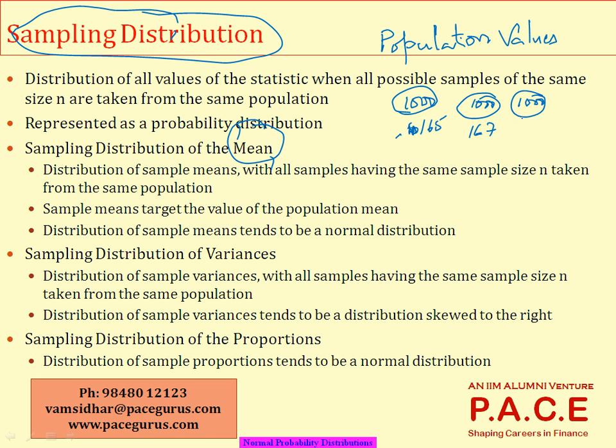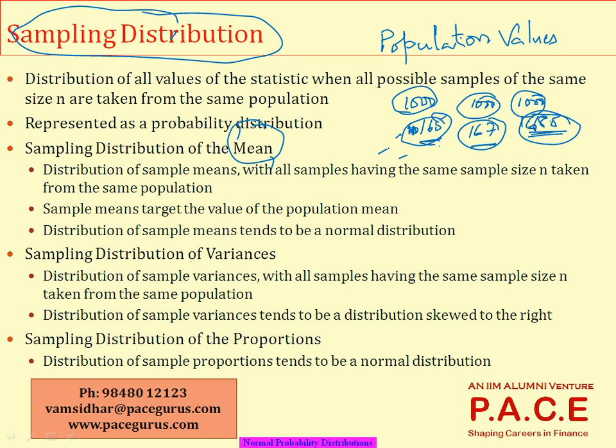Another sample of 1000 gave me 168.5. Like that, different combinations of 1000 give different average heights. Now, if I take a frequency distribution or a probability distribution of all these various combinations, then I call it the sampling distribution of the mean.